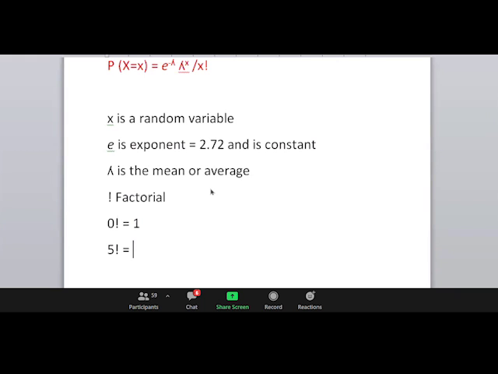Manually, this means starting from 5, you do 5 multiplied by 4, multiplied by 3, multiplied by 2, multiplied by 1.